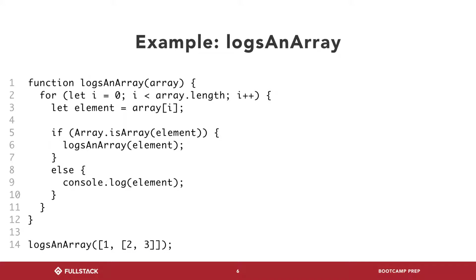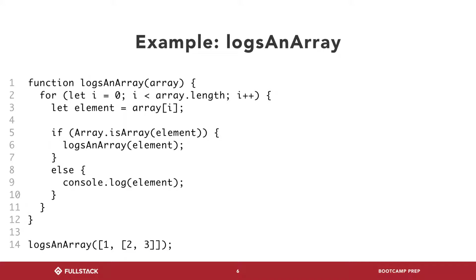Next thing in the array. What's the second element in the array? 3. Is that an array? No. Let's just log it out. And at that point, we're done with this function, right? We've iterated through every single thing in this 2, 3 array. We've reached the end of our function, and now we've actually finished the log array of 2, 3, right?